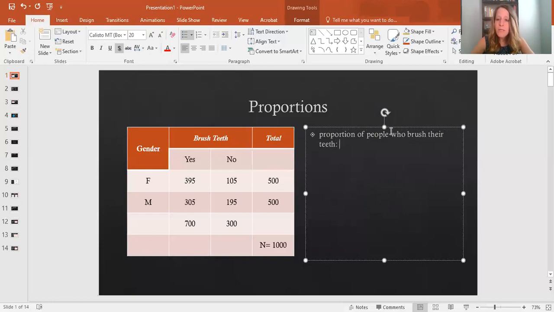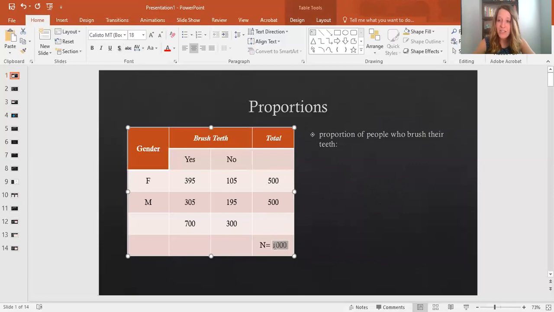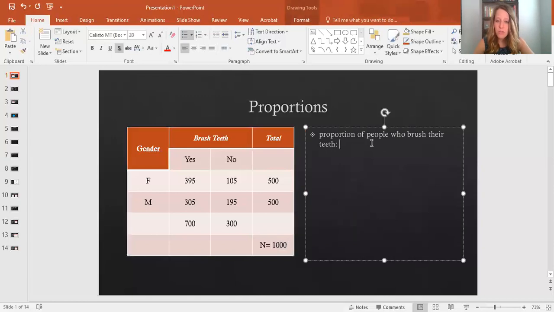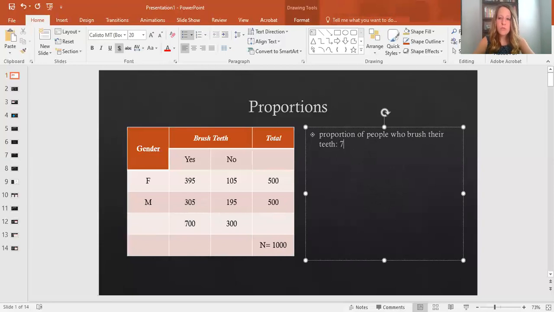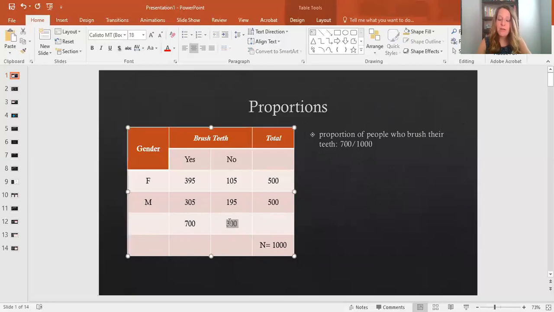So of people who brush their teeth, not based on any gender, that tells us we're looking at the entire sample of people. We have 1,000 people total, so that's our denominator. The total number of people who report brushing their teeth is our column total of 700. So our proportion would be 700 over 1,000. Alternatively, the proportion of people who don't brush their teeth would be 300 over 1,000.